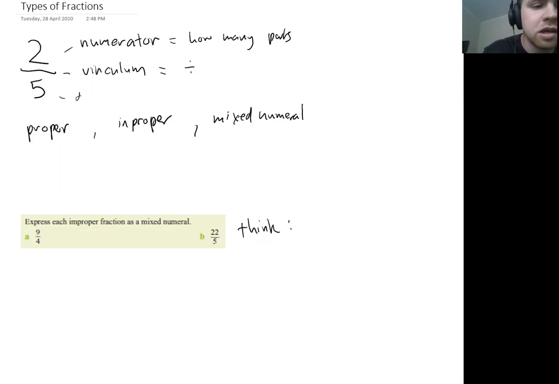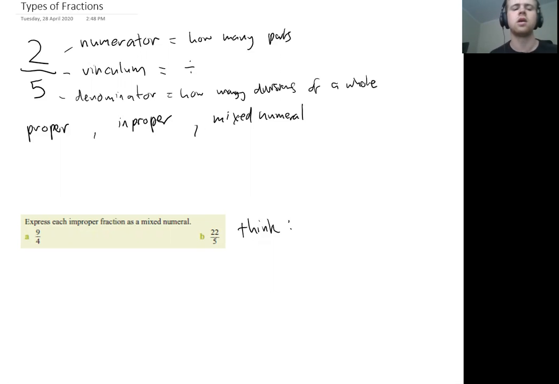So this number here is the denominator. And that tells us how small or how big the parts are. So how many divisions of a whole have we made? If we have a fifth, that means we've divided a whole 5 times.